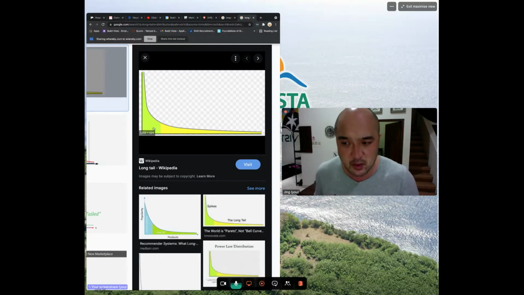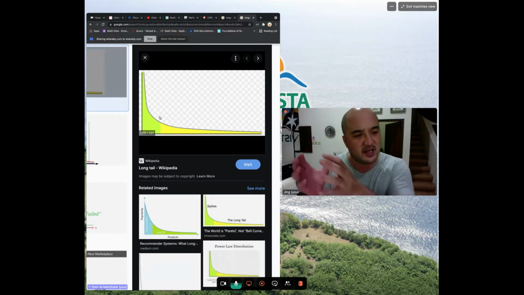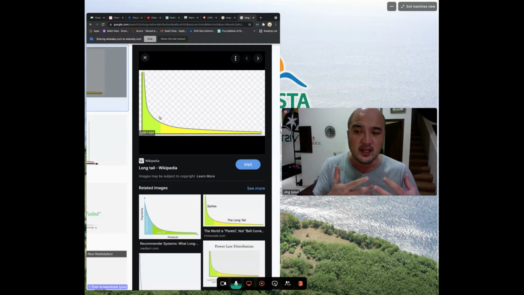But something further down the curve would be Bali villas in Seminyak, Bali villas in Kuta, or Bali villas in Ubud. Those would be more mid-region because they appear a little less frequently than a keyword like Bali villas, but more frequently than a tail type keyword.